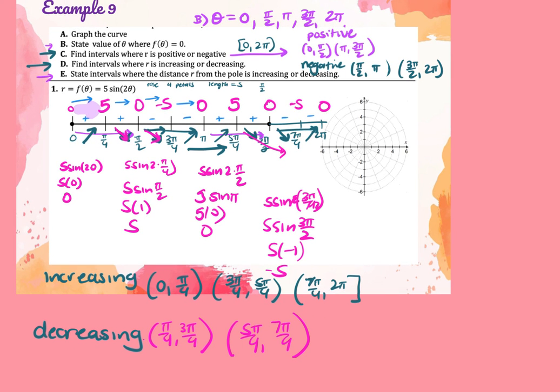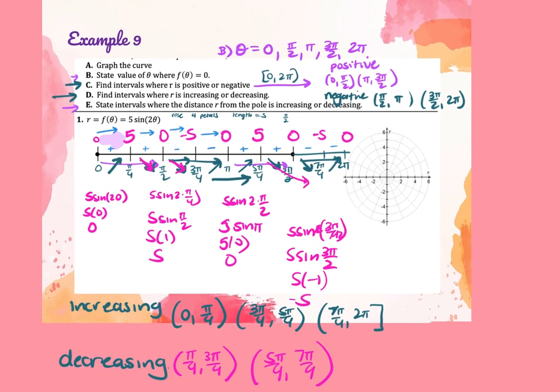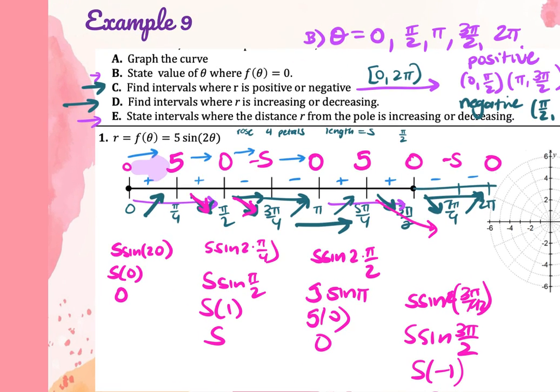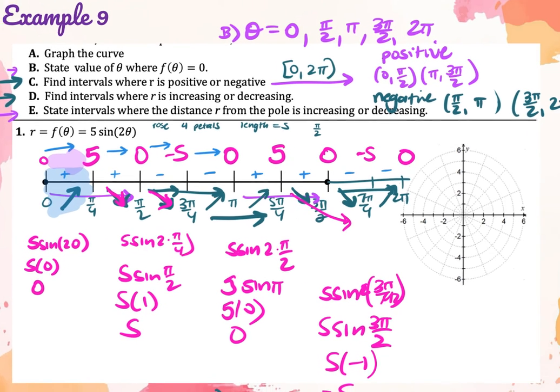Then the last one says to state the intervals in which the distance r from the pole is increasing or decreasing. So remember, we're looking at the r values. If the r's are positive and increasing, distance is increasing. If r is positive but decreasing, distance is decreasing. So if I do those first, if I look at my positives and increasing, highlight a different color, positive and increasing.